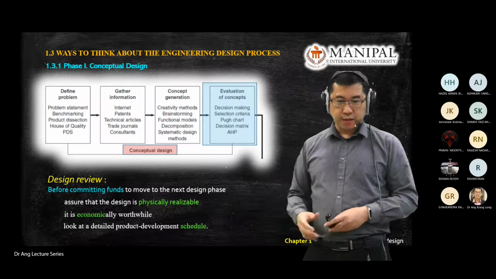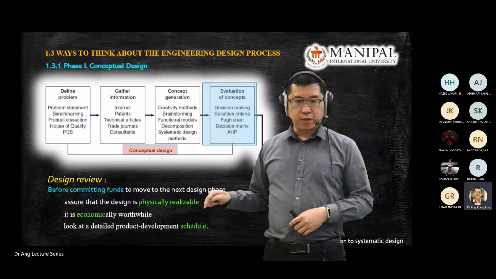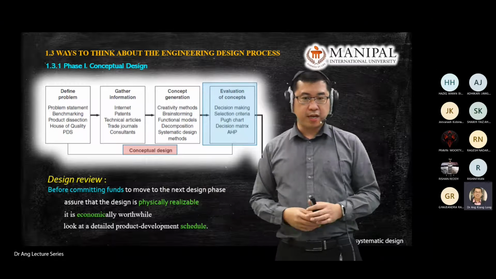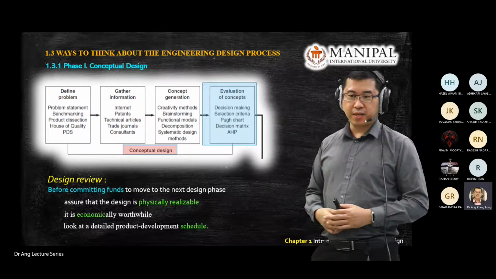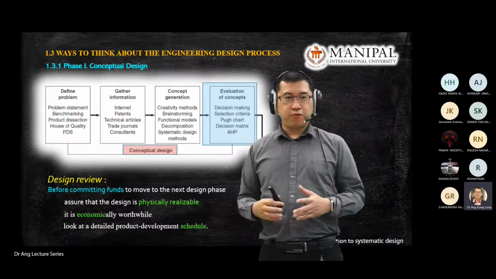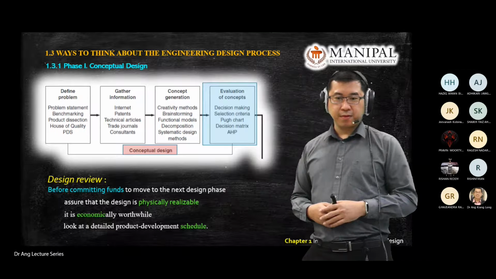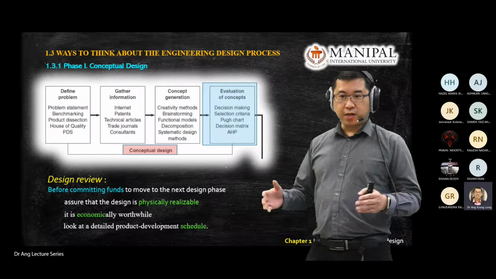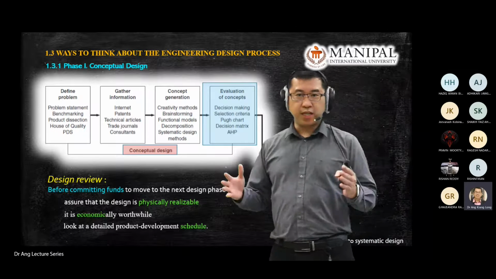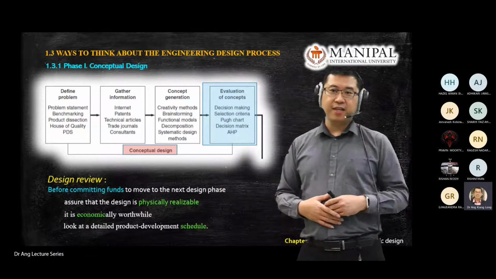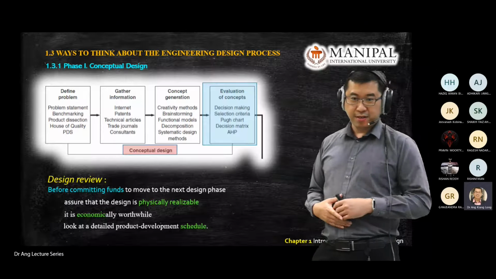Next one, when you review, you need to look at whether you're able to fabricate within 4 weeks' time. During the workshop, are you able to complete within that particular month, next semester? All right.